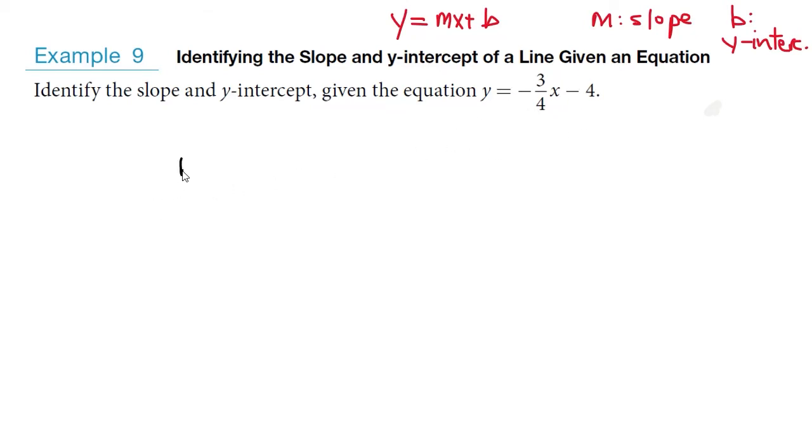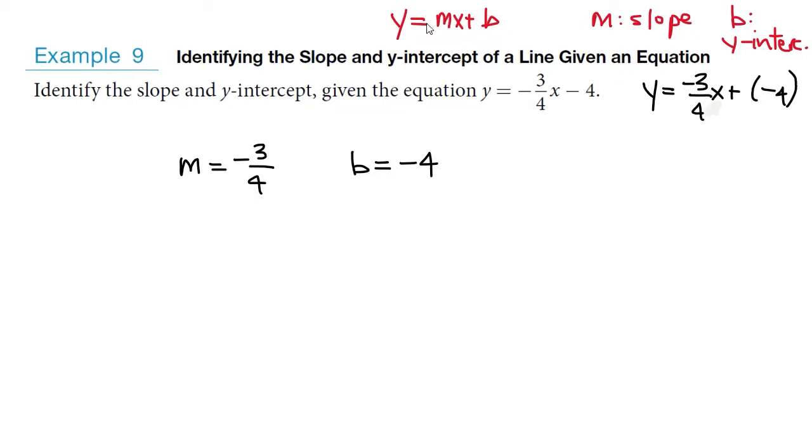The slope is -3/4 and the y-intercept b here is -4. Notice, because this form is plus b, we'd have to think of this as y equals -3/4 x plus -4 in order to put it into this format so we can see what's what.